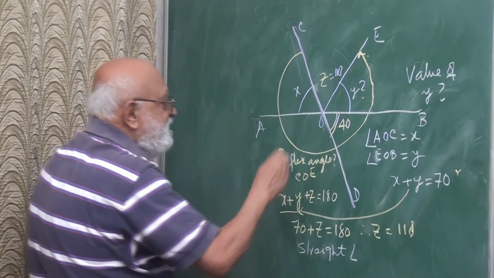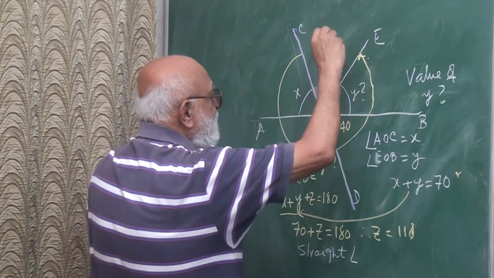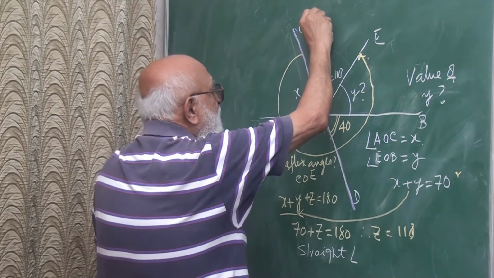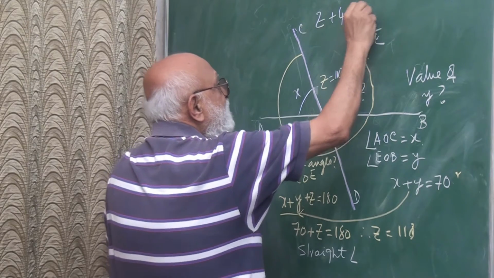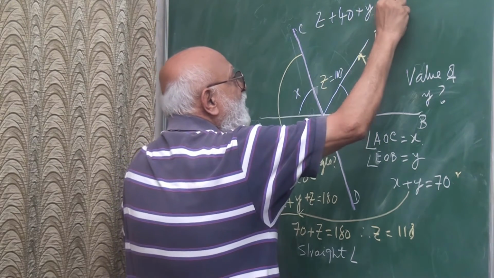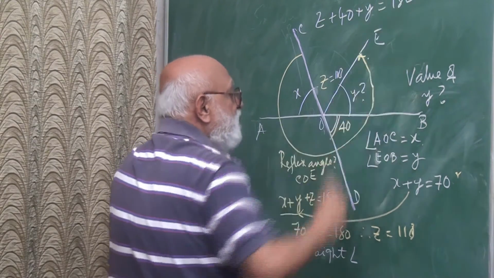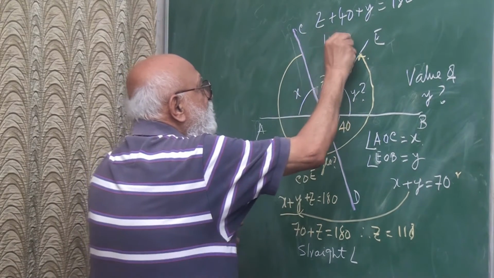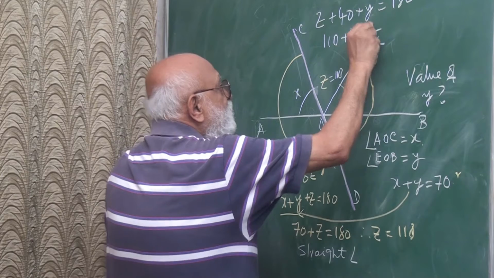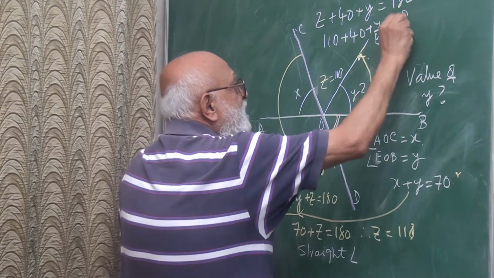So if I take the straight angle, then it should be Z plus 40 plus Y equal to 180. I know the value of Z, 110. 110 plus 40 plus Y equal to 180.